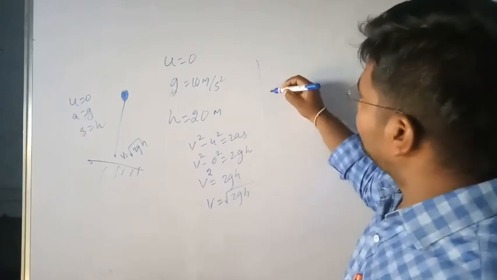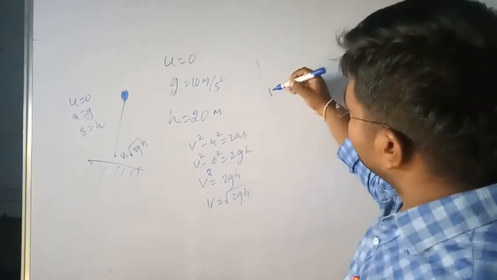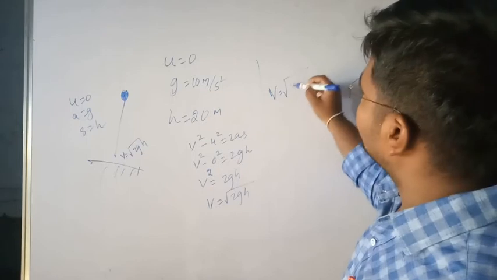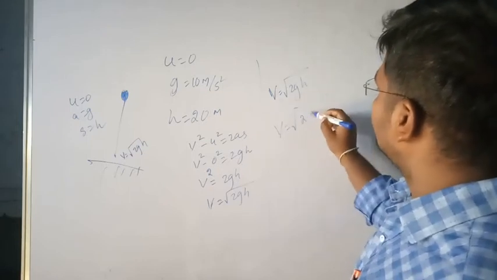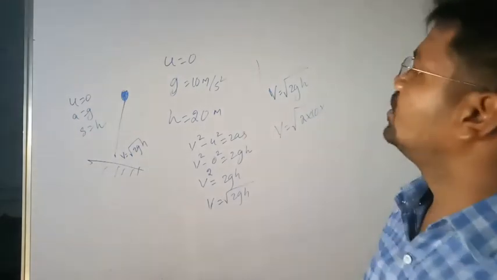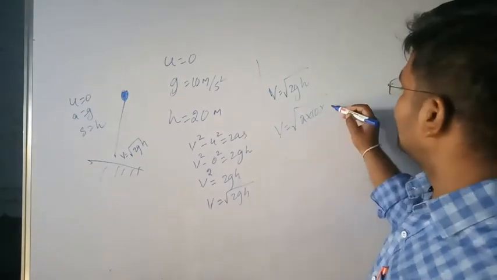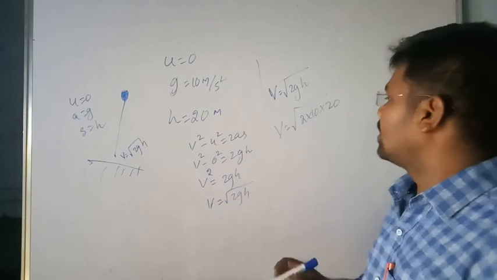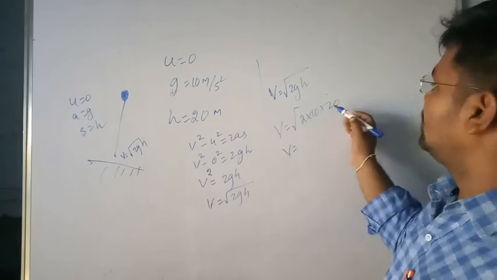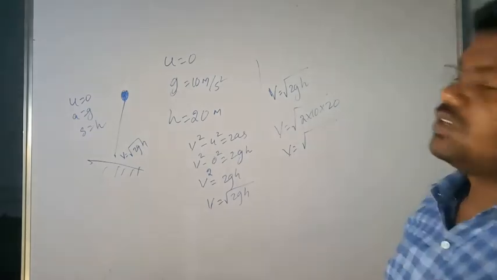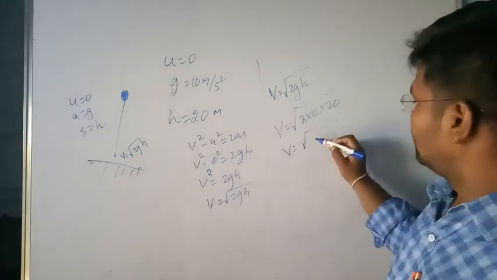Okay, so v is equal to root of 2gh. V is equal to root of 2 into 10 into 20. Okay, v is equal to root of 2 into 10 into 20, 20 into 20, 400.